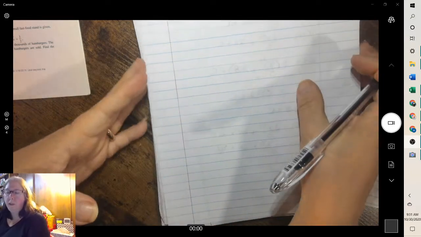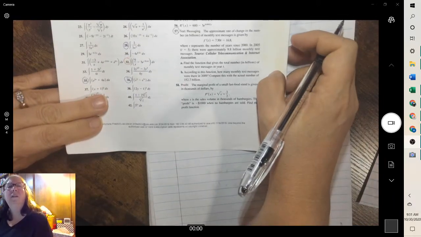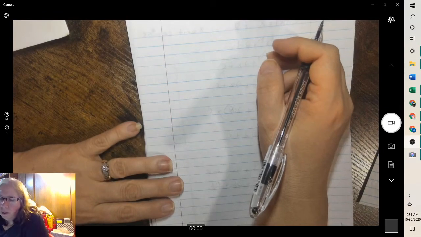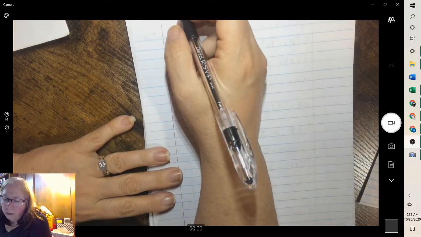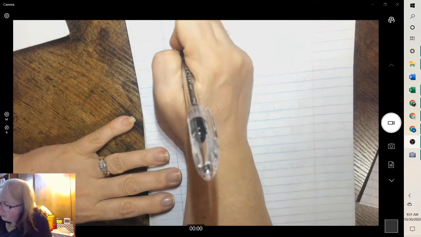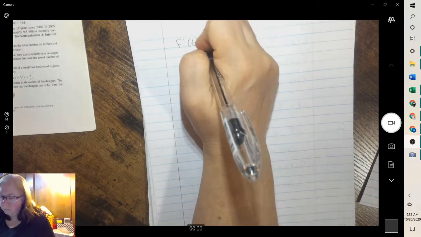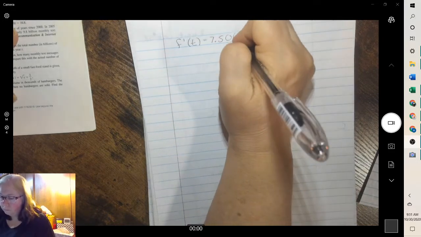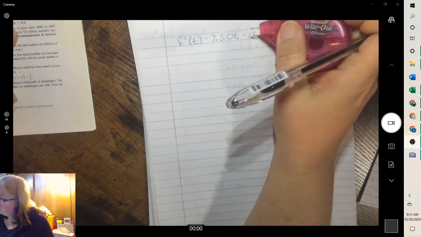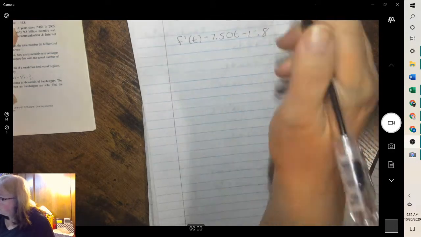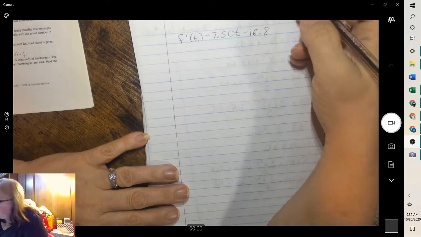So text messaging, the next question. I don't know if you can read it though. I'll just read it. Text messaging, the approximate rate of change in the number in billions of monthly text messages is given by 7.5t minus 16.8, where t represents the number of years since 2000.